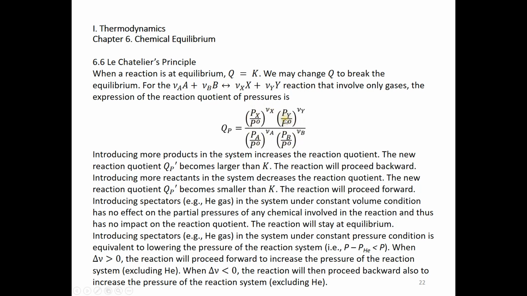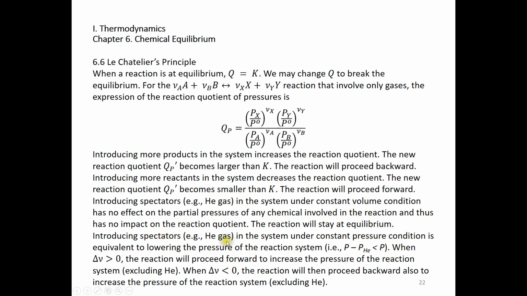That means the sum of the partial pressures of X, Y, A, and B is reduced. That's equivalent to the expansion of the system, because the partial pressures of X, Y, A, and B are all reduced by the same factor after you introduce this helium gas under the constant pressure condition.